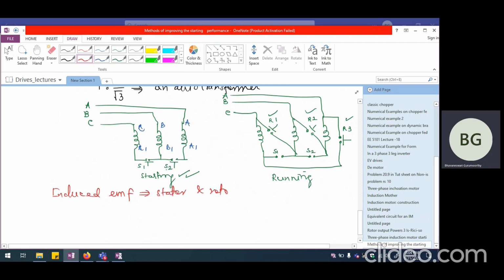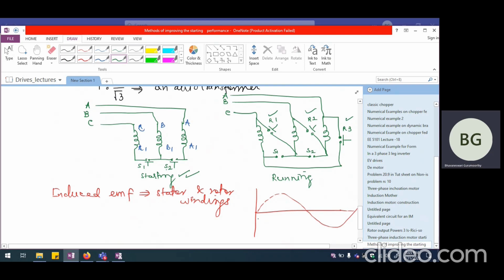And when we are actually changing over from star to delta, when we are closing the switch R1 and R2 and R3, if let us say the induced EMF in A phase, B phase and C phase is like this, they are 120 degrees shifted from each other.